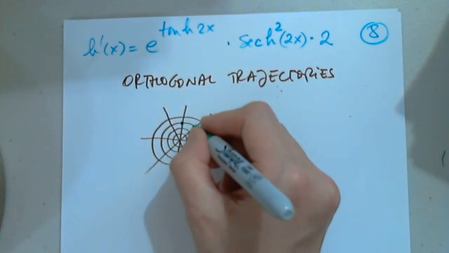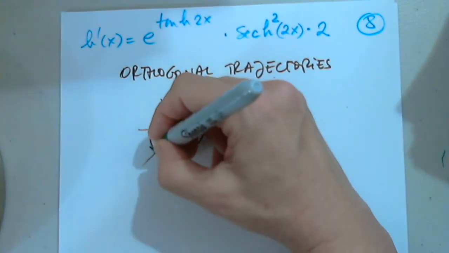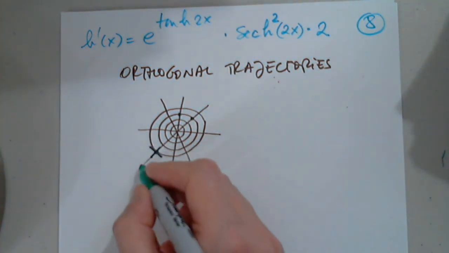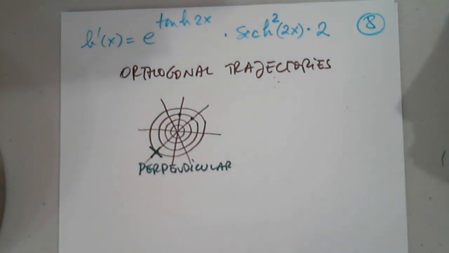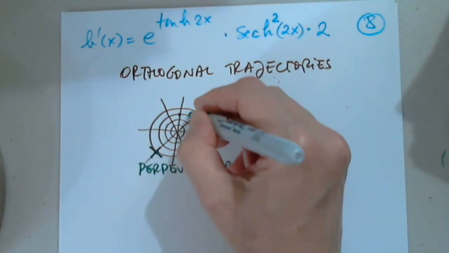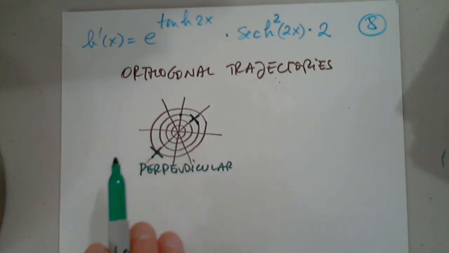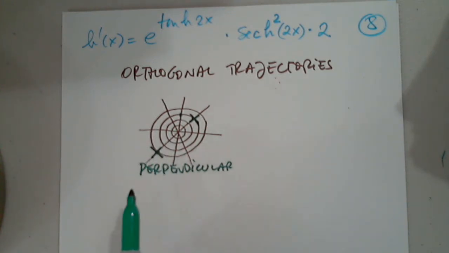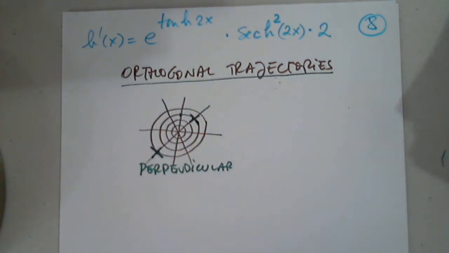At each and every point of intersection, everywhere, the tangent to one and the tangent to the other are perpendicular. If I can show that at any point of intersection, the tangents to one and the other (this is a line, it's the tangent itself, right) are perpendicular, then we say that these are orthogonal trajectories of each other.